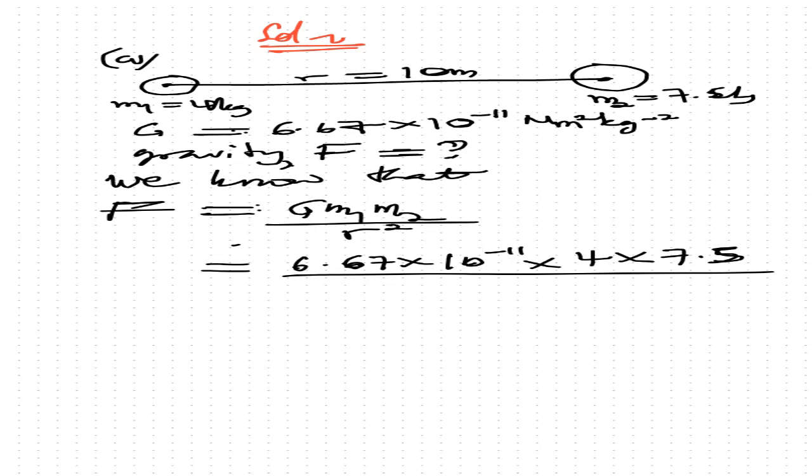So it will be 10 squared. And when we enter this, we will get the whole of the numerator, and you divide, everything is going to give us 2.0001 times 10 exponent negative 11.